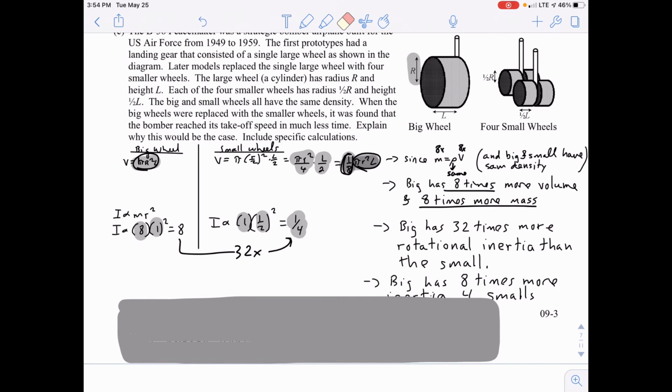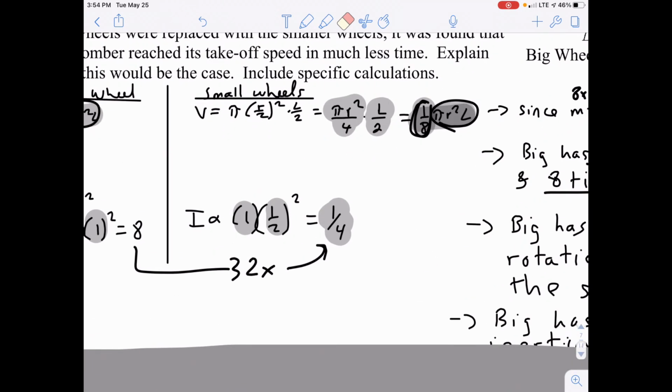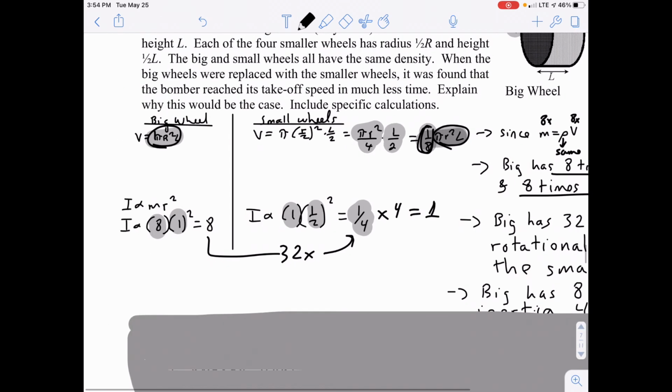The big has 8 times more inertia than 4 small wheels. Think about that. If this is the rotational inertia of each wheel, times 4 would be 1, right? 8 is obviously 8 times greater than 1.